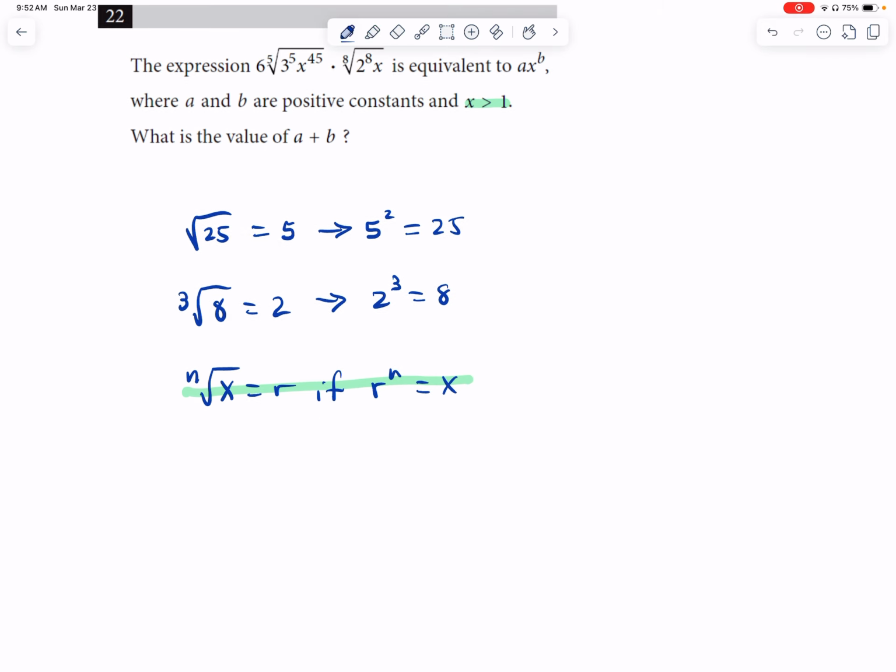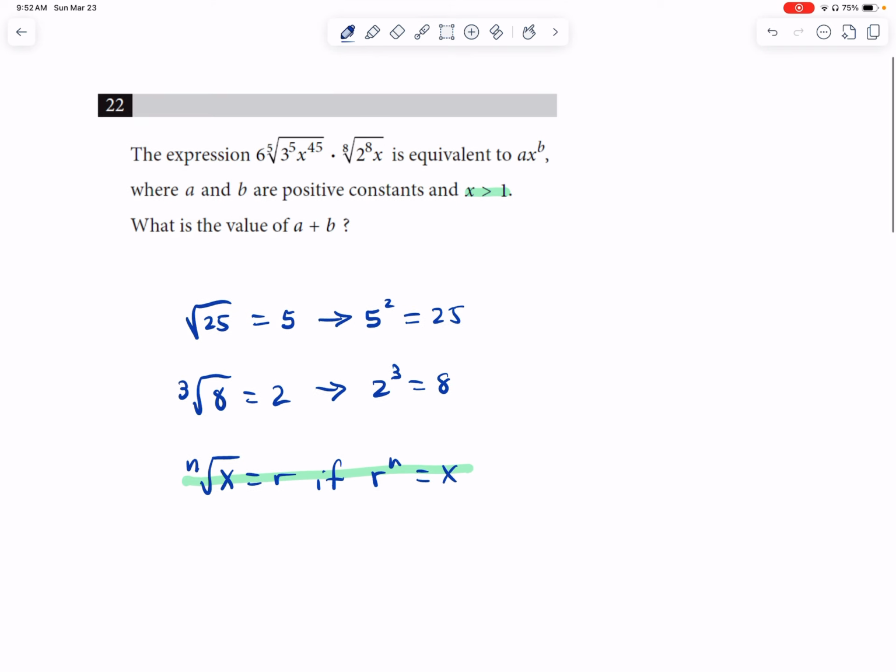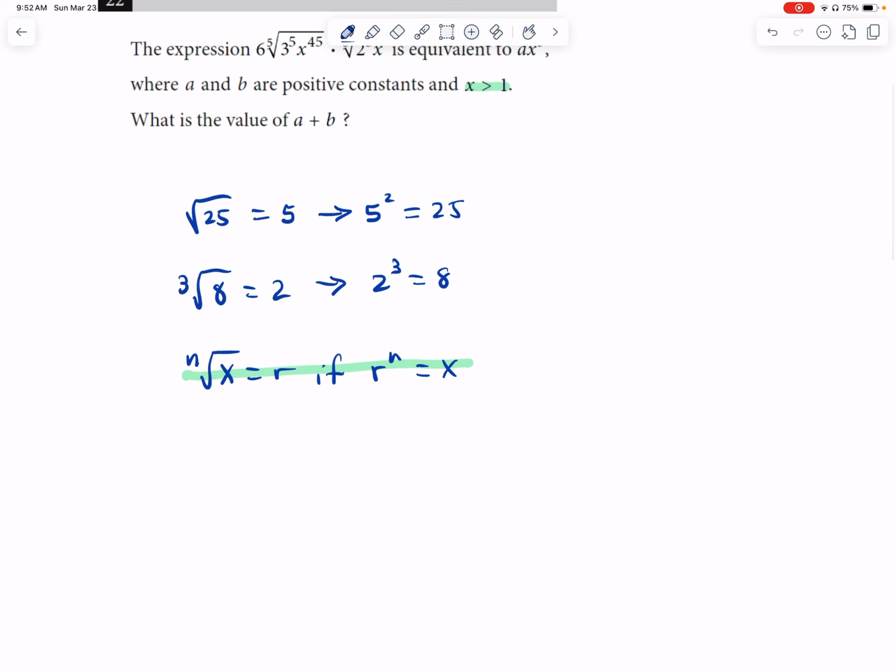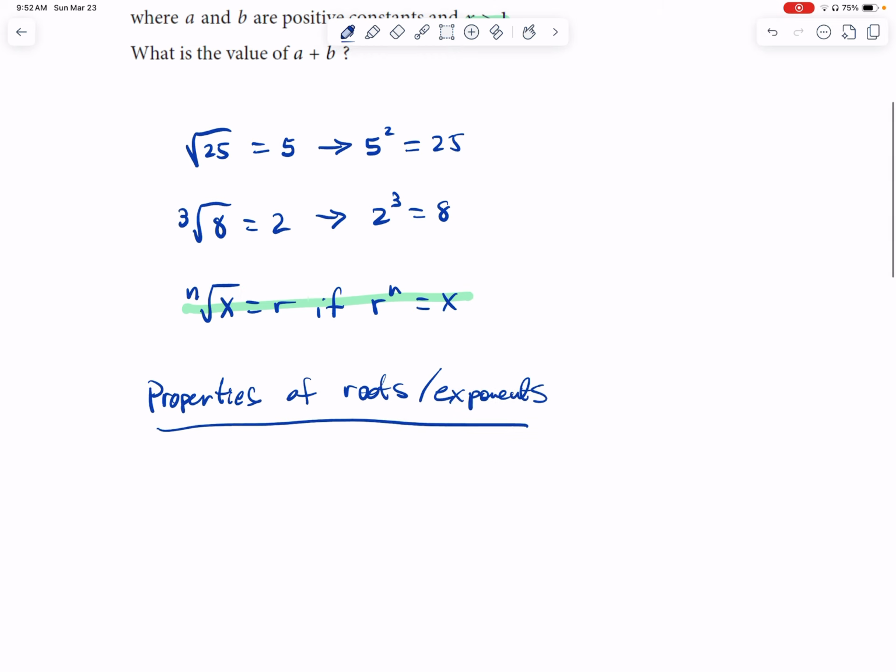Anyway, now let's take a look at some properties of roots and exponents. The first one is this.